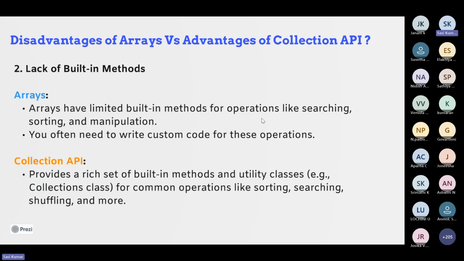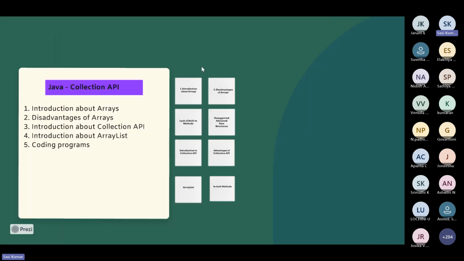Whereas in the collection API or array list, there are many built-in methods, so we can easily do sorting, searching, shuffling, deleting a particular item, deleting the first element, the last element. Many inbuilt methods are there. This is very important.